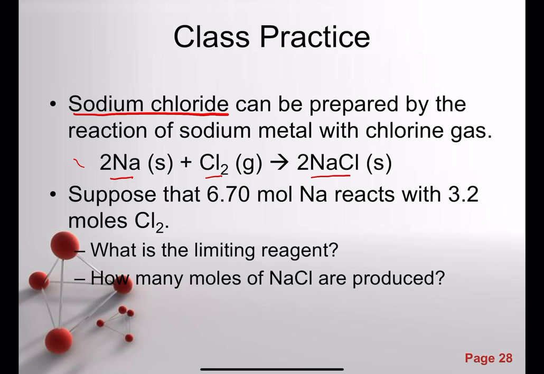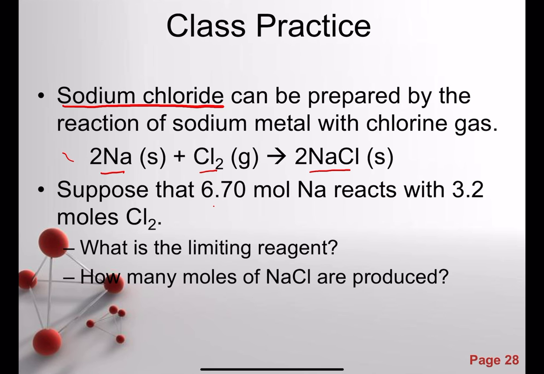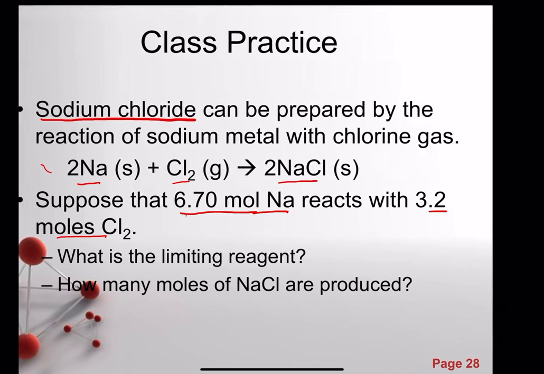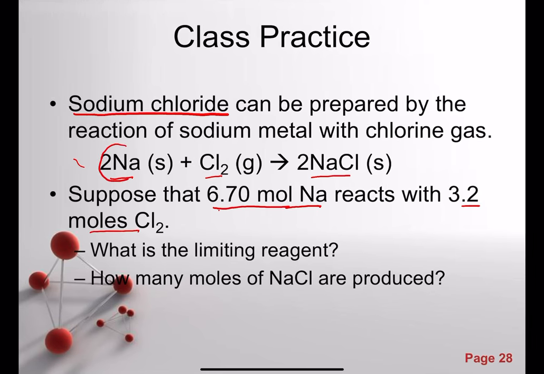What we have to do here every time you do a limiting reagent calculation is basically you have to set up two problems. I want to always start with what they've given me. But the problem here is that they've given me two quantities. They've given me 6.7 moles of this reactant and 3.2 moles of this reactant.